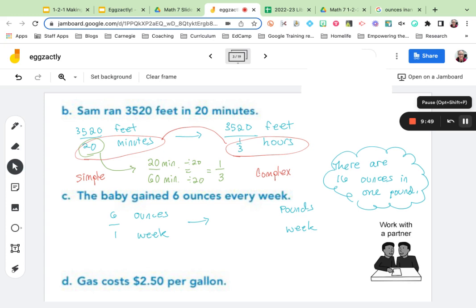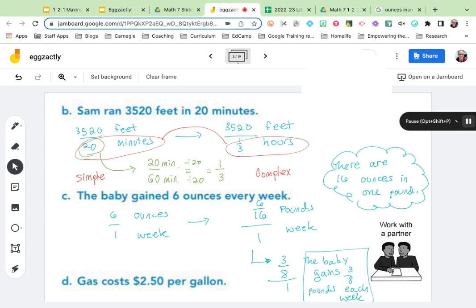Well, that baby is gaining 6 16ths of a pound. 6 out of 16 pounds. And that's every week. Could we simplify that? We sure could. 6 is divisible by 2. That's 3. And 16 is divisible by 2. That's 8. So we could say that the baby is gaining 3/8 of a pound every week.